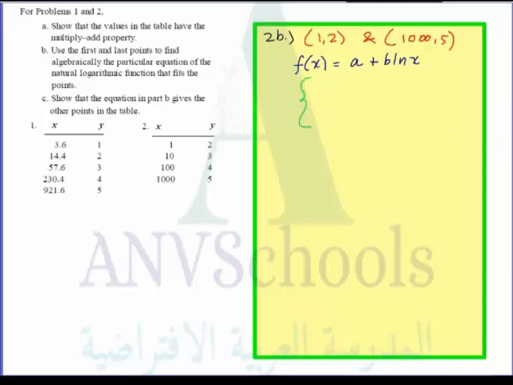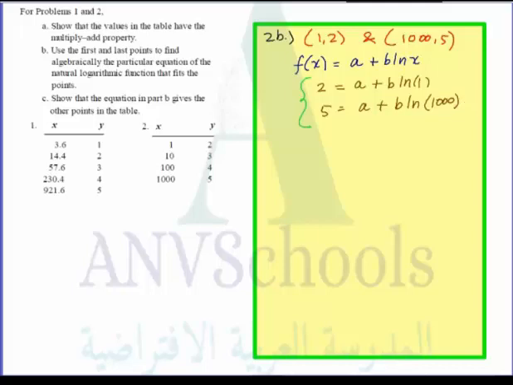So in this case, if our y is 2, then 2 is equal to a plus b ln of 1. And for the second point, we have 5 is equal to a plus b ln of 1000.